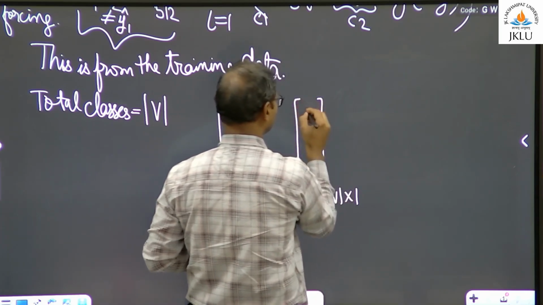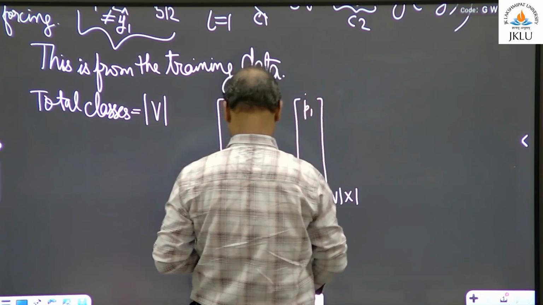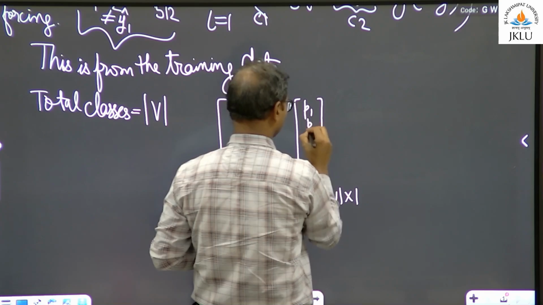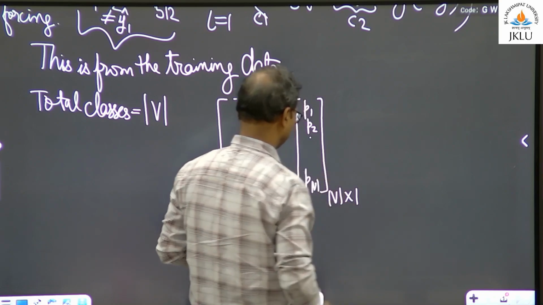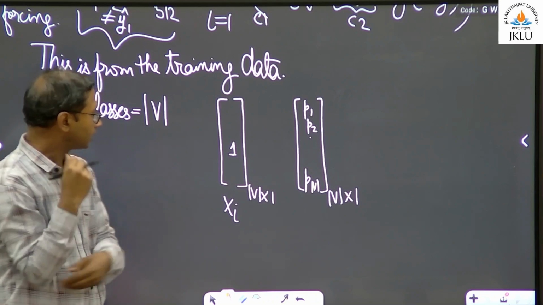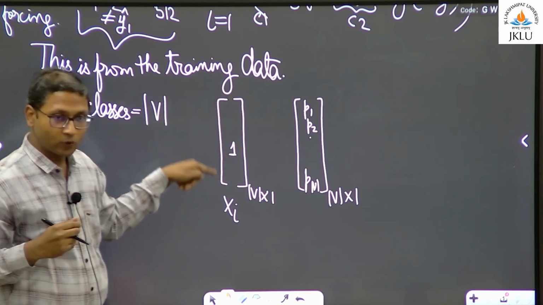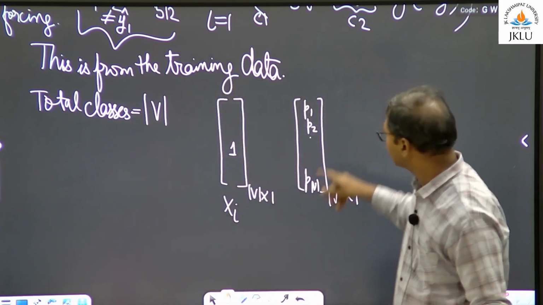Here you will have probability of 1, probability of 2, all the way until probability of mod v. Right? Mod v minus 1 terms are 0 here. All these terms are potentially non-zero here.